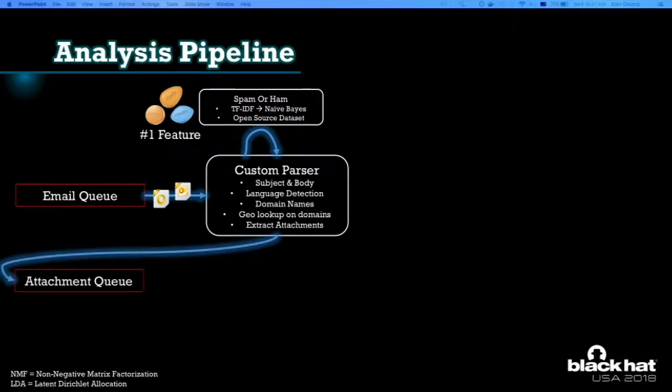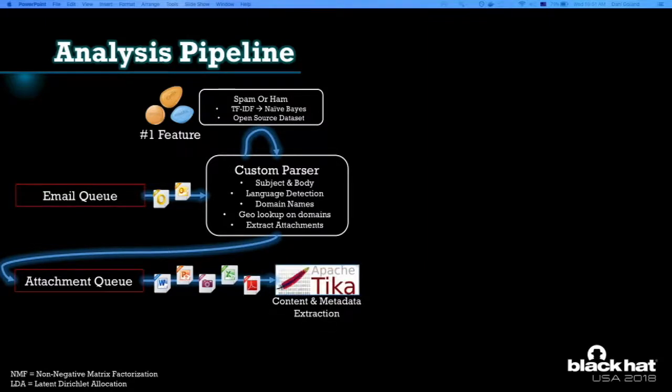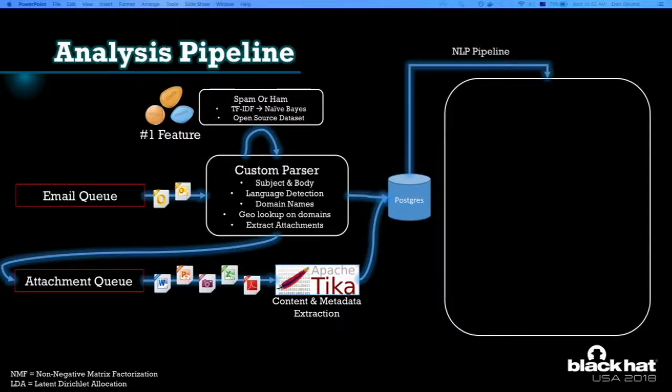You can see our number one feature on a spam filter, works great. So everything that was an attachment went to a different queue. We used Apache Tika, which is a great tool for extracting data from any type of file format. After doing the extraction, we start with the pipeline, which used a couple of open source libraries.